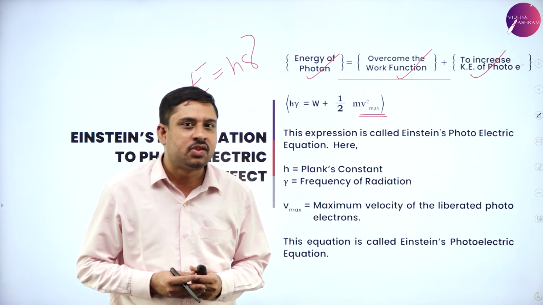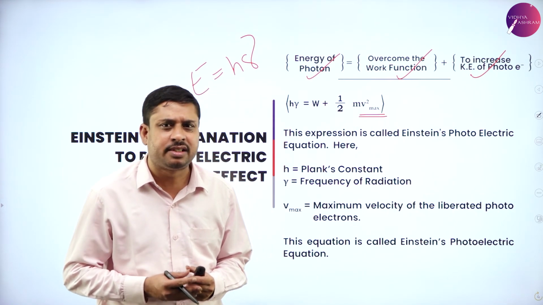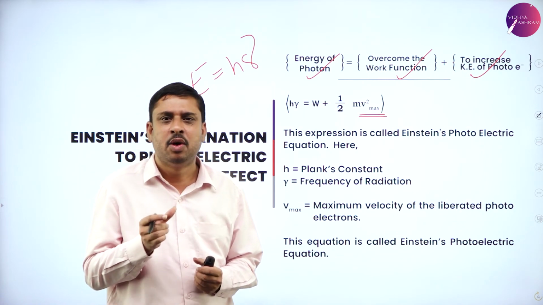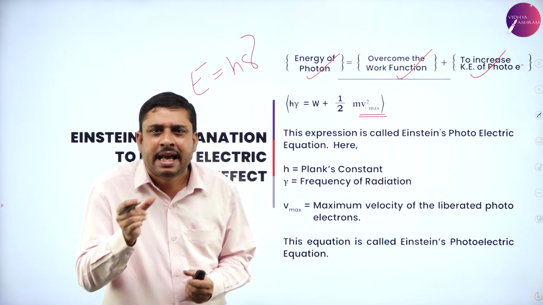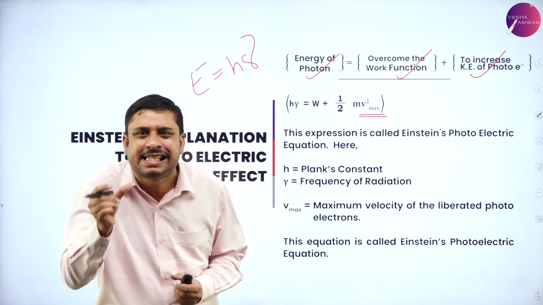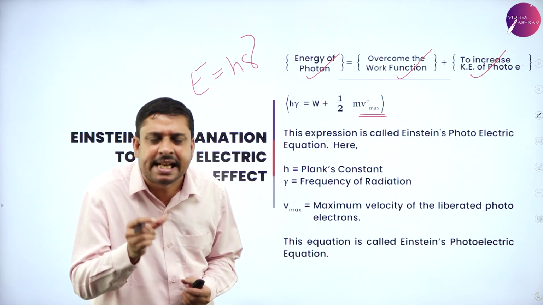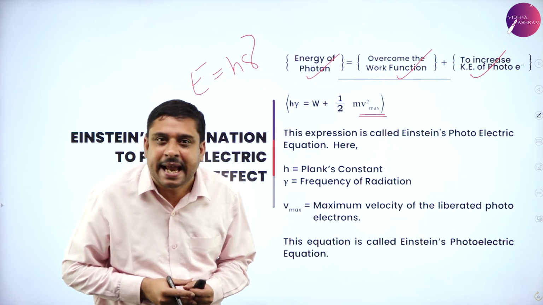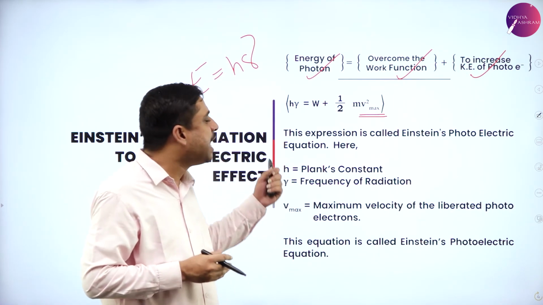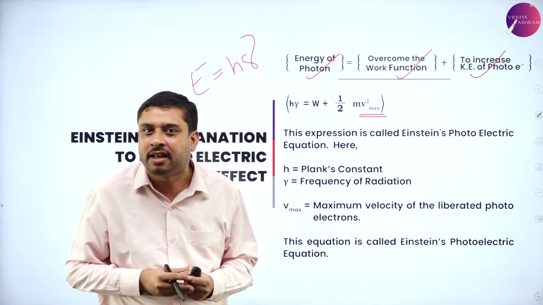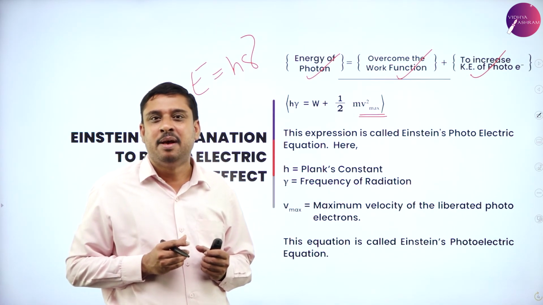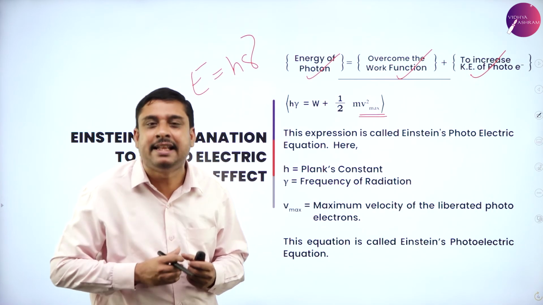So my dear students, here beautifully you learnt how quantum theory, which told energy is always discrete, discontinuous form, photons, helps Einstein to explain photoelectric effect. There is an elastic collision between the photon and the electron.